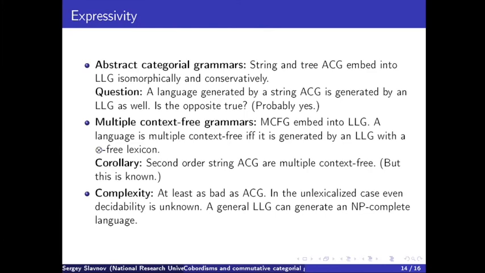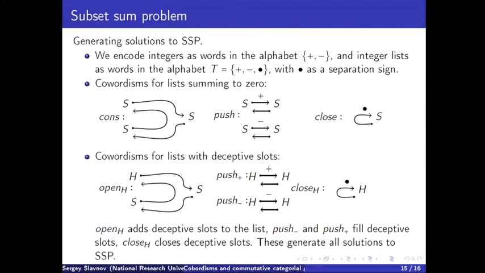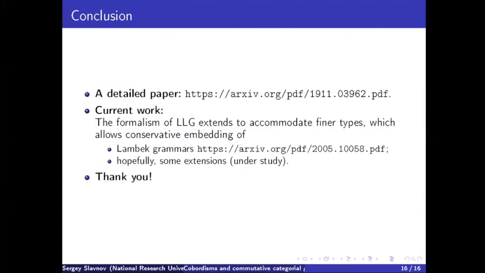Actually, I have a last slide where it is shown how to do it, and it's quite easy and instructive, but maybe it's too much, so I'll skip the last slide. It shows how to generate an NP complete language. If anybody is interested, you can ask me. I think it's enough. So that's it.